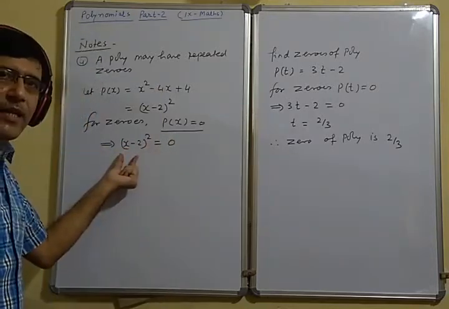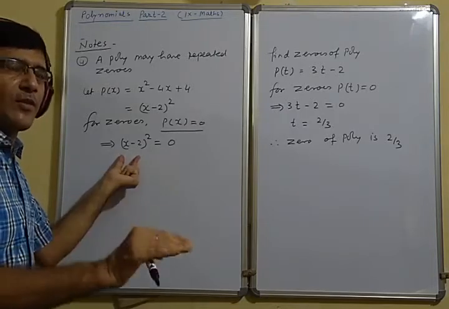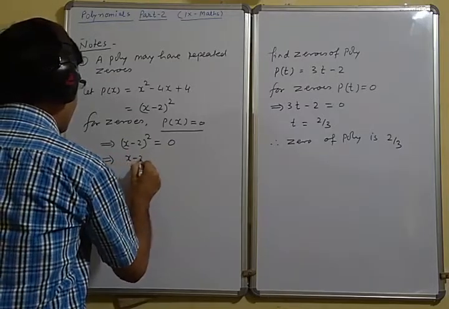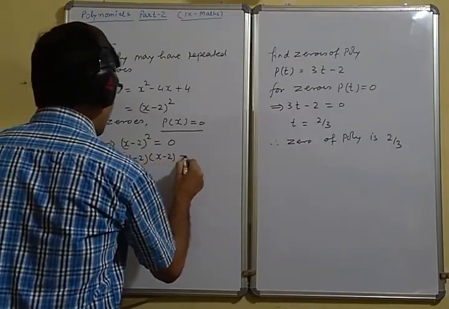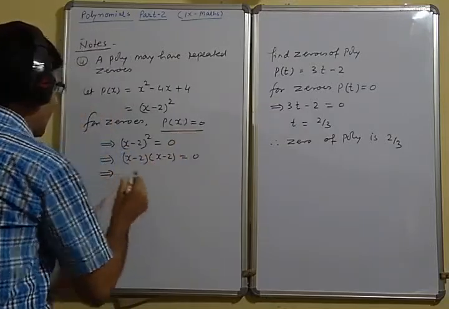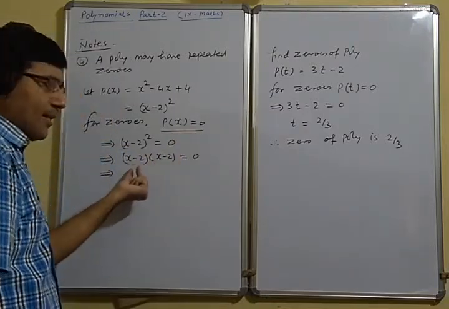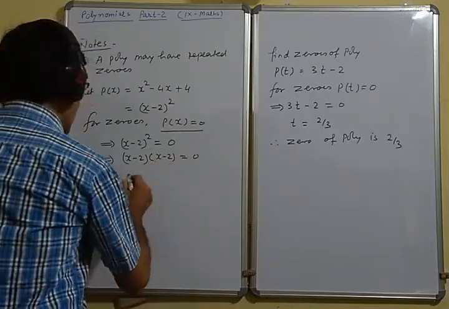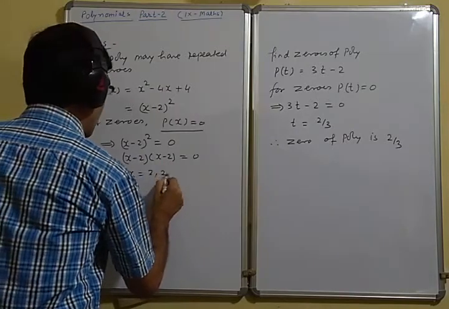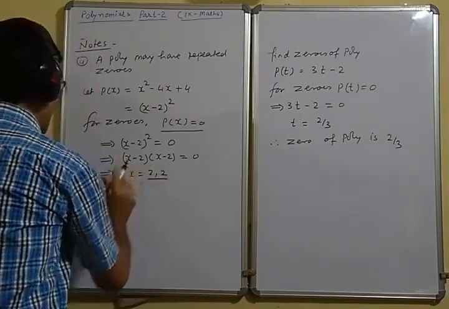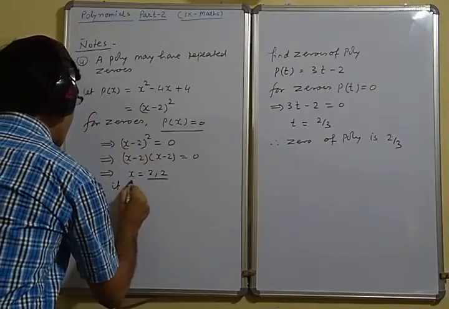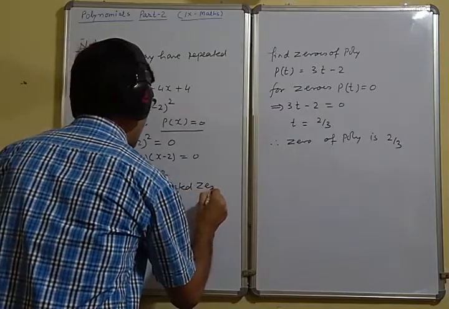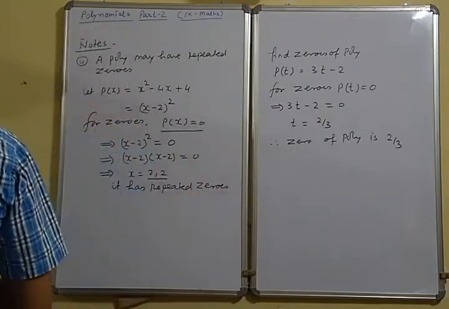Here how many factors are there? x minus 2 into x minus 2, 2 factors. So (x minus 2)(x minus 2) is 0, so a into b is 0. If you take a is 0, you will get x equal to 2. If you take b is 0, again you will get x is equal to 2. So x is equal to 2, 2. That means here it has repeated zeros.